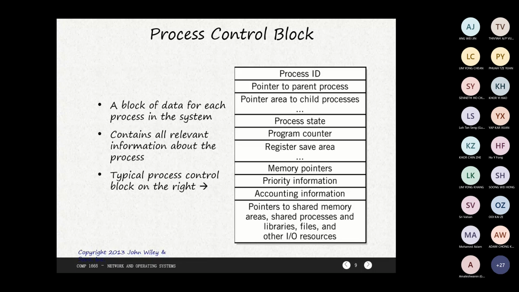PCB, process control block. I have told you many times that PCB is available in Task Manager. You can always open your Task Manager and look at PCB. What is PCB? A block of data for each process in the system.